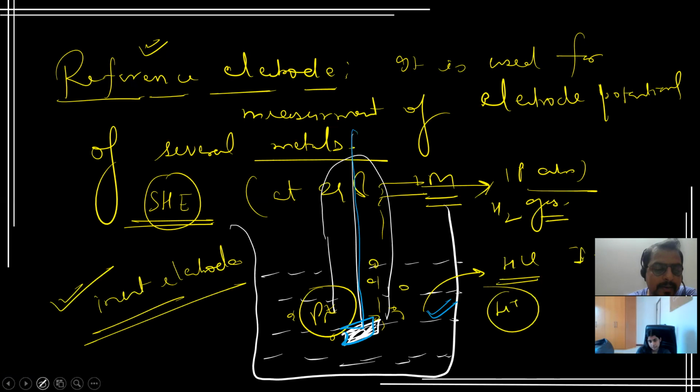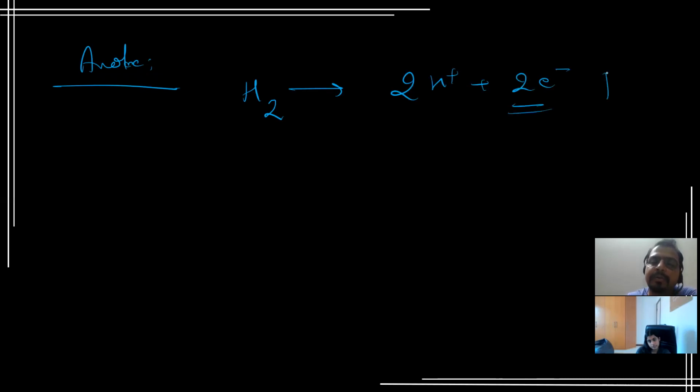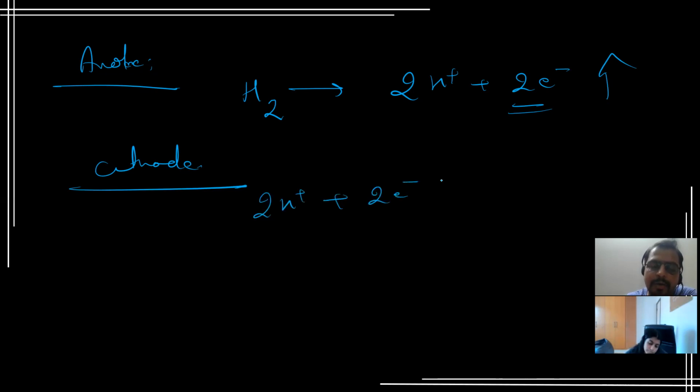The reaction will happen in two phases. First phase, anode. At the anode, we will have the simple reaction called oxidation. H2 becomes 2H+, and 2 electrons are released. And at the cathode, 2H+ gain the same 2 electrons and form hydrogen gas.